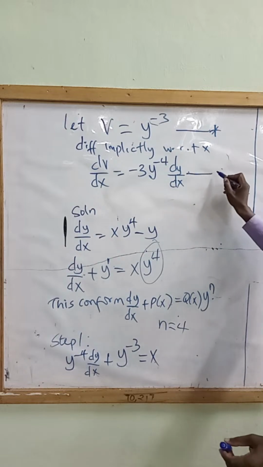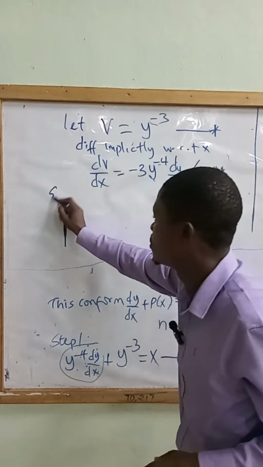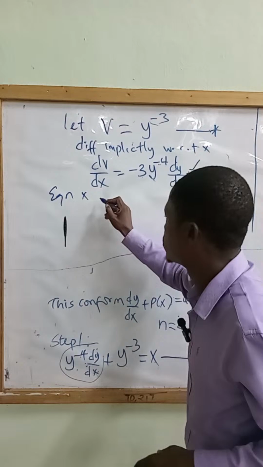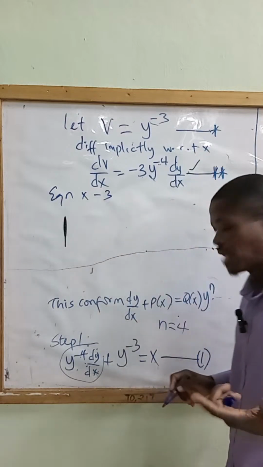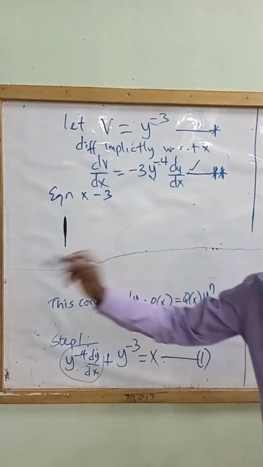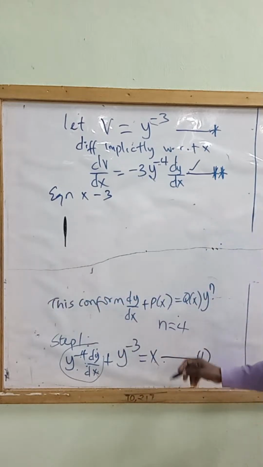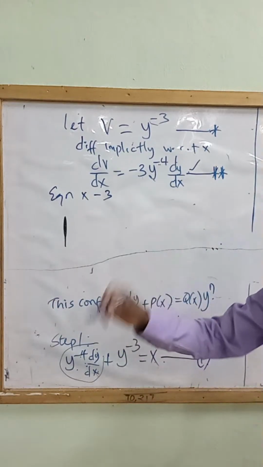Make this one star 2. Now multiply this equation by minus 3.